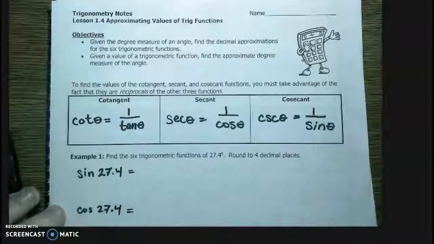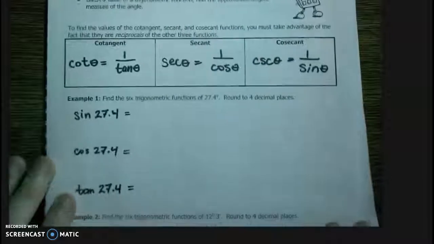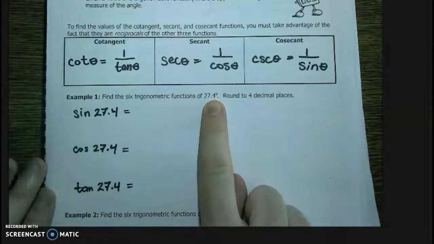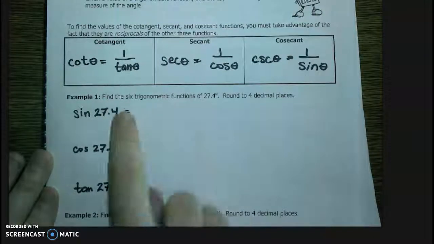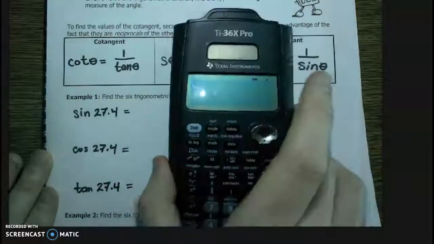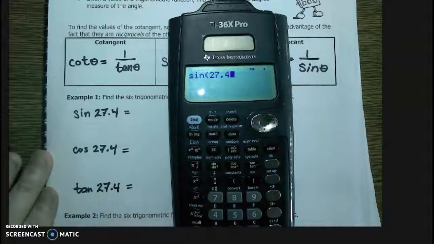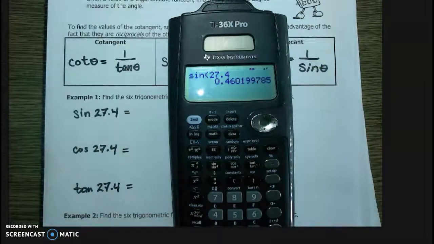And then in example 1, you're going to find 6 trig functions for 27.4 degrees. We're in degree mode, and so you just type these in. So you're just going to have sine of 27.4, and I get 0.4602 if I round.